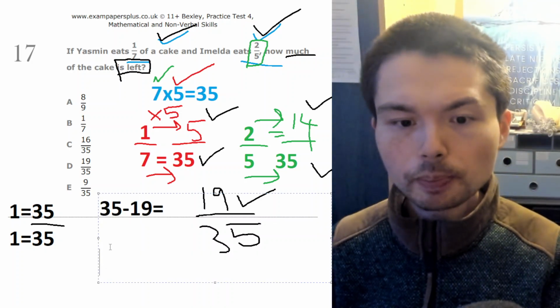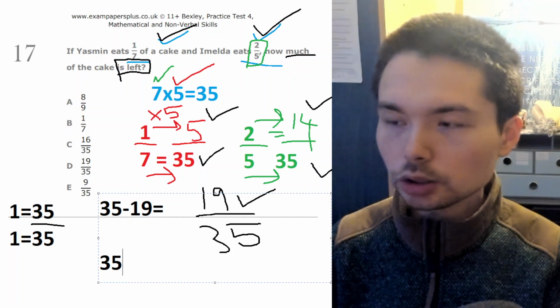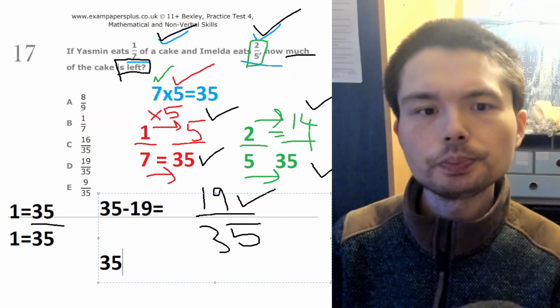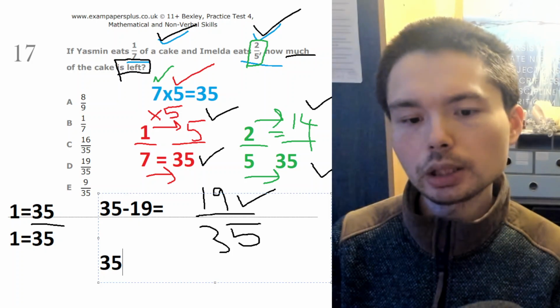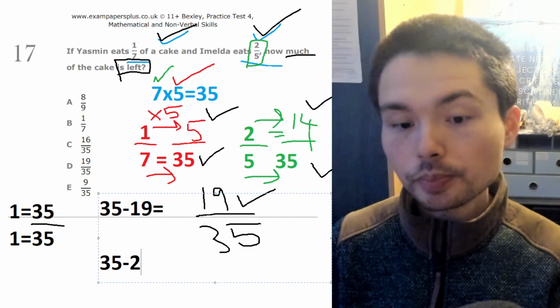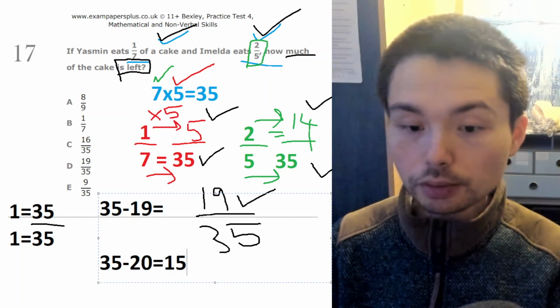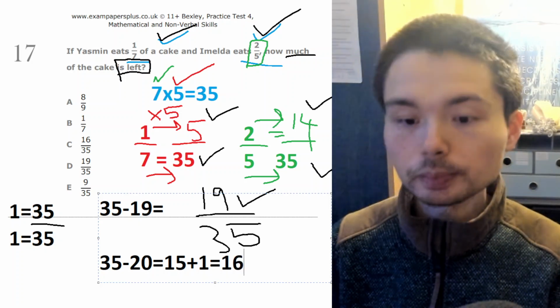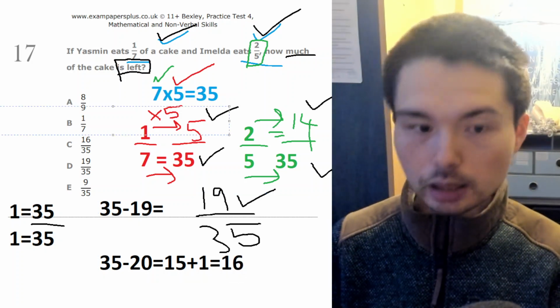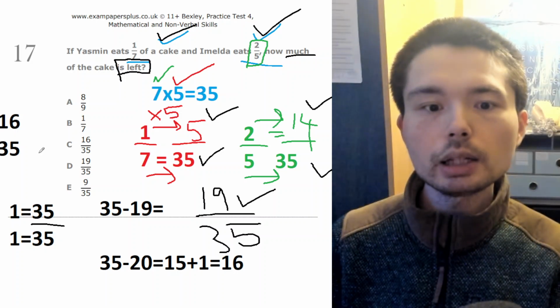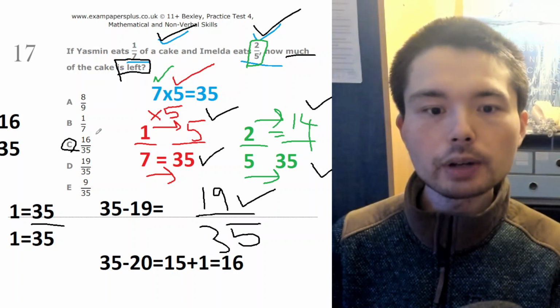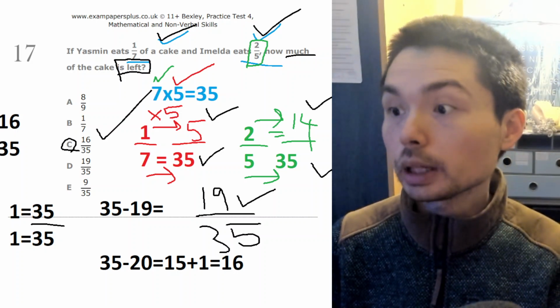A really cool way to minus 19, just like with the previous question, question 16, which had 19 as well, so I've already said it today. Take away 20 first, which is 15, then you add 1, which is 16. So what we're saying is 16 out of 35. Good. That is the answer. It is C. It is a fantastic, but also a normal question.